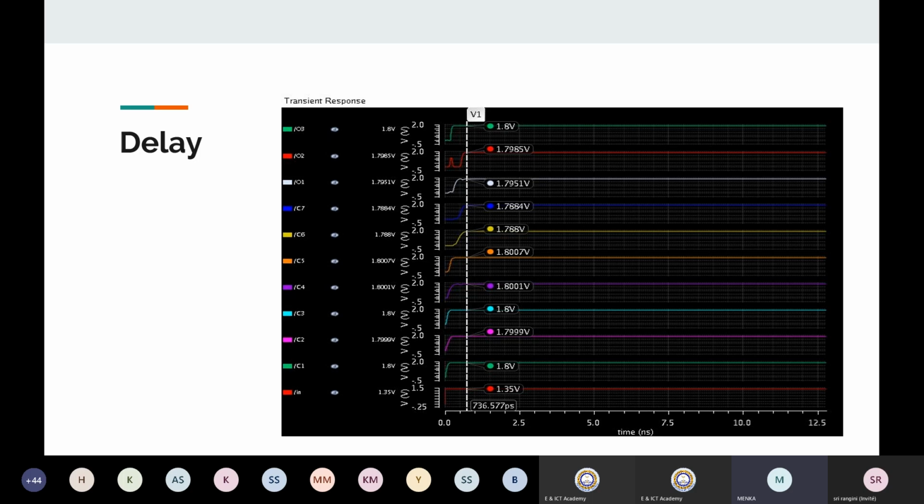This white line tells which level is existing at what particular voltage level. All these voltage levels are also written over here. For example, red is 1.35 volt, green is this much, and so on. So this is simulated corresponding to one value.